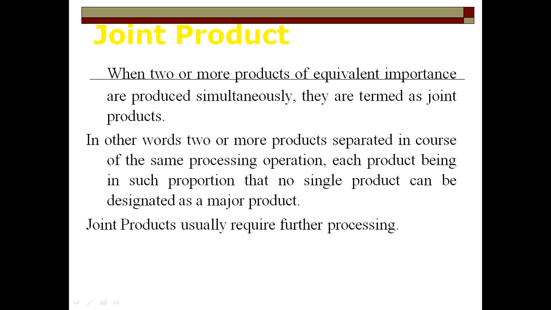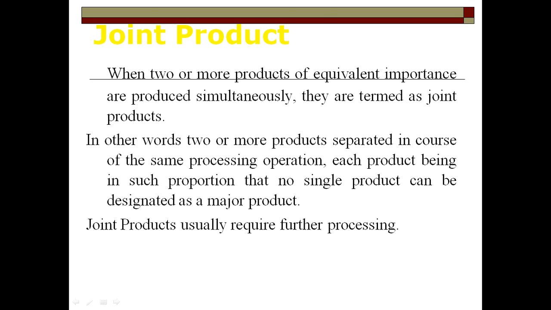Joint product. When two or more products of equivalent importance are produced simultaneously, they are termed joint products. In other words, two or more products are separated in the course of the same processing operation, each product being in such proportion that no single product can be designated as a major product.